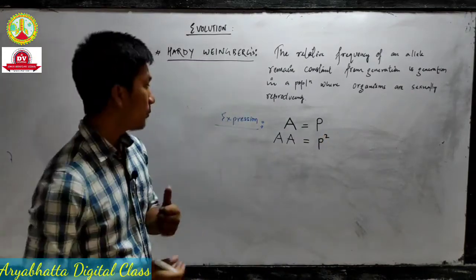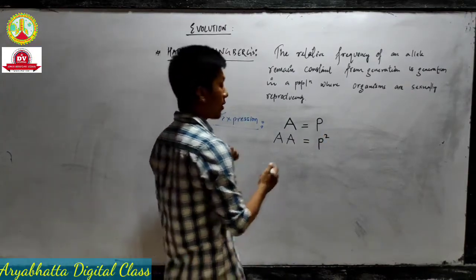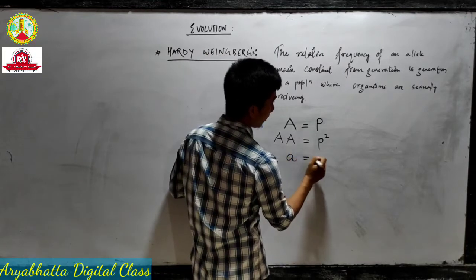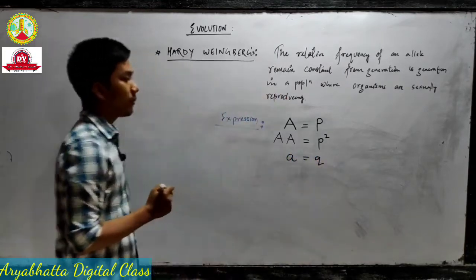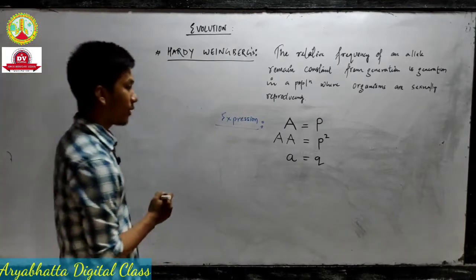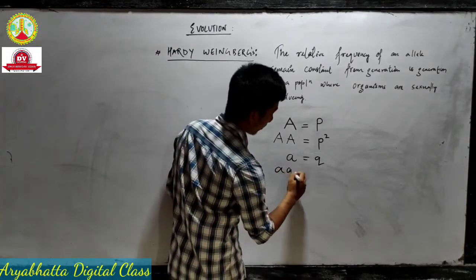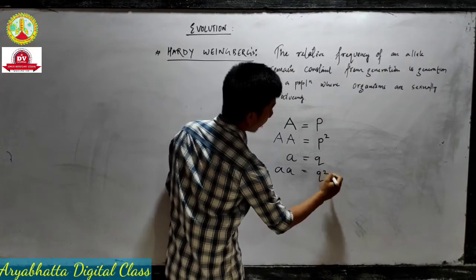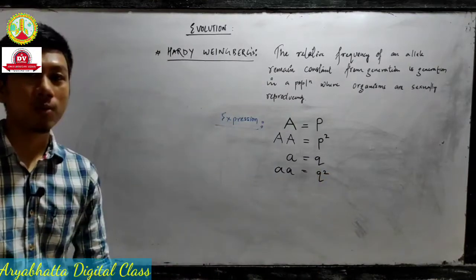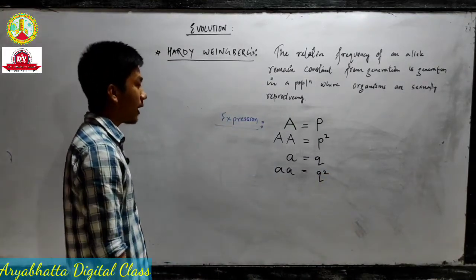Got it? If it is a recessive allele, we write it with Q. If it is homozygous recessive, we write Q square.